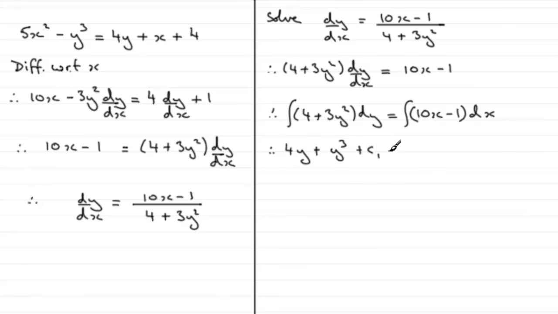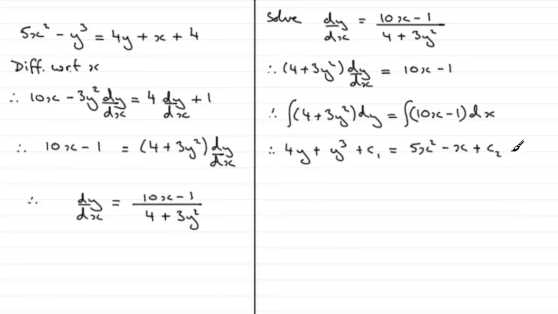Now we come to the other side here and we integrate 10x with respect to x. That's going to be 10x squared over 2 or 5x squared. Okay? Integrate the 1 with respect to x, that's going to be minus x. And then we're going to have a constant of integration here. Let's call it, say, C2.